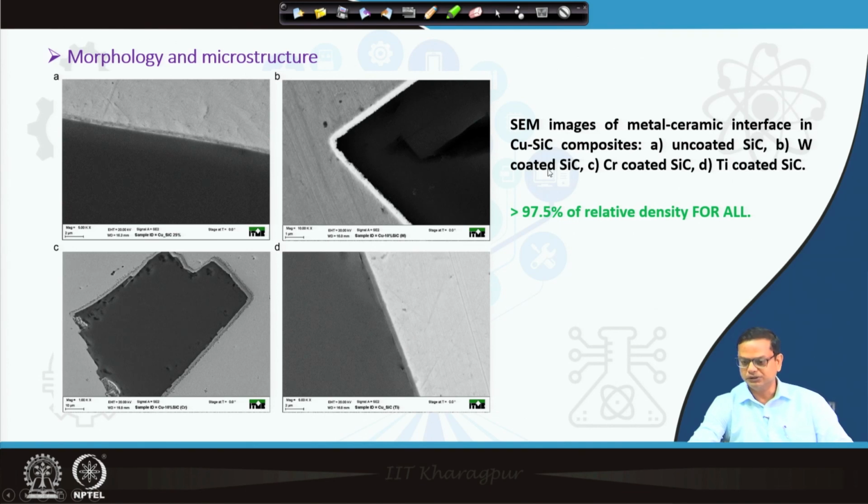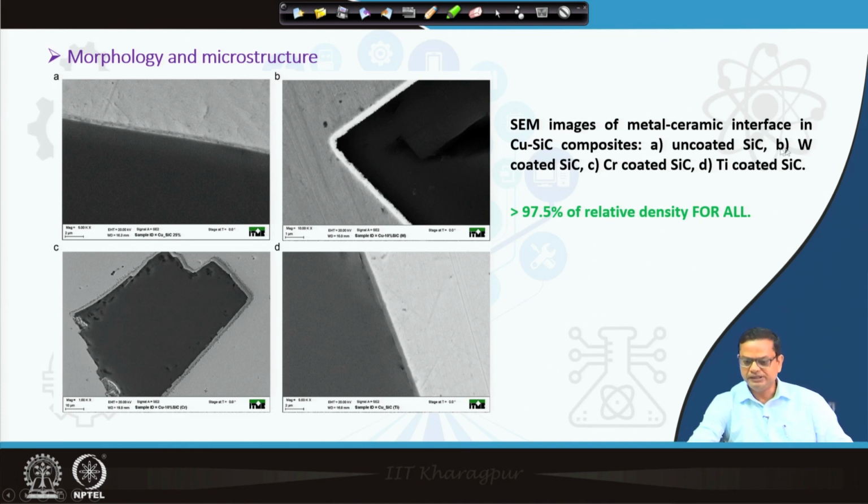So, you can see here the first one is uncoated SiC. This side is basically the epoxy matrix in which the powder particles were sprinkled to look at them in SEM. So, these are individual powder particles after elemental deposition.